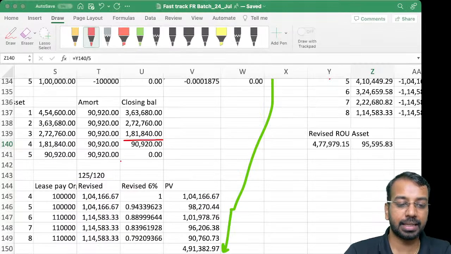So here both had changed: the rate had changed, and this had also changed.